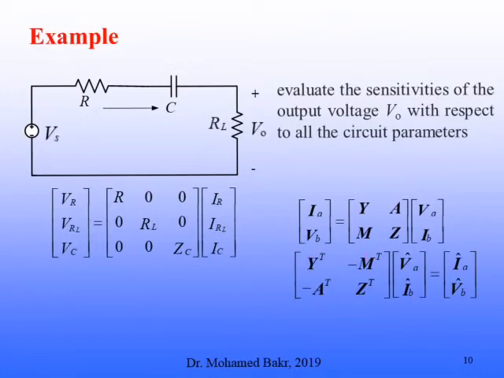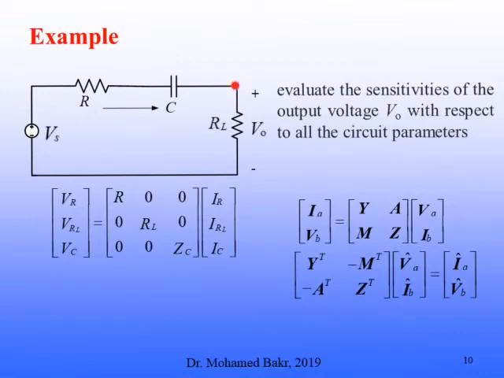Now, I want to get the sensitivity of V naught. Then I have to make this V naught the voltage across a current source in the original circuit. This is what I have to do, because if you recall the summation that we had in the left hand side, it talked about voltage sources and current sources. How do I do that?